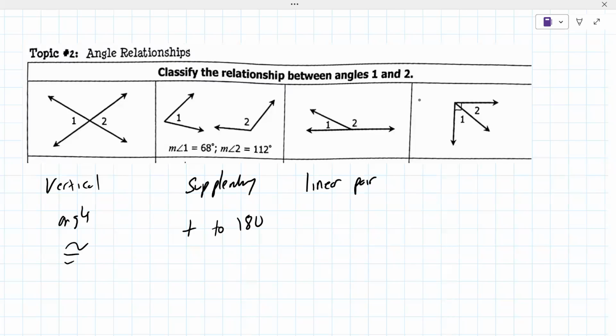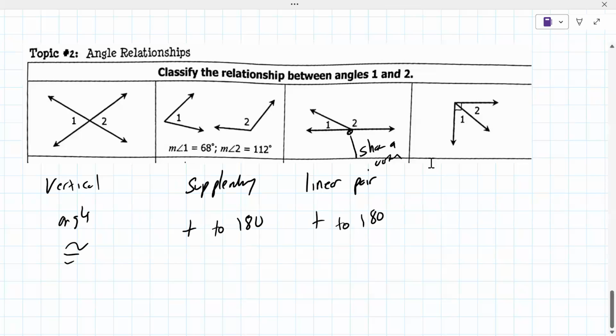So they do add up to 180, but the difference between the ones on the left and the ones on the right is that when they share a vertex, it's called a linear pair. But yes, they add to 180.